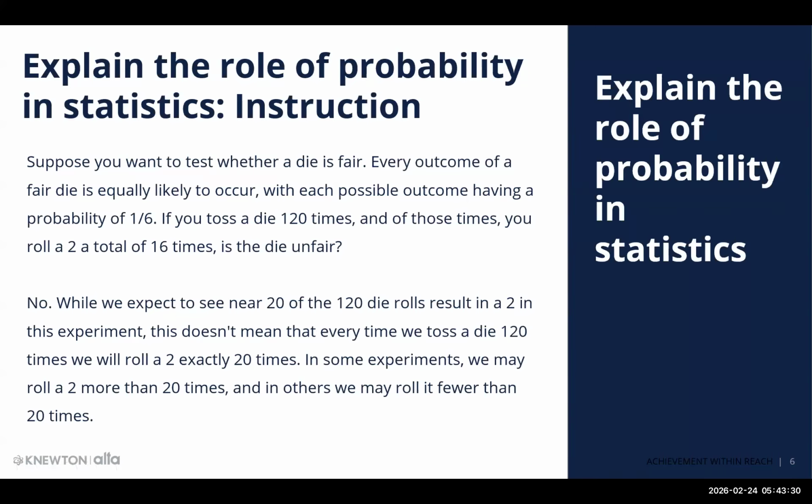I think the expectation here is that if you roll a die 120 times, sometimes you're going to get a 1, right? You may get a 1, you may roll and it may land on the 3.